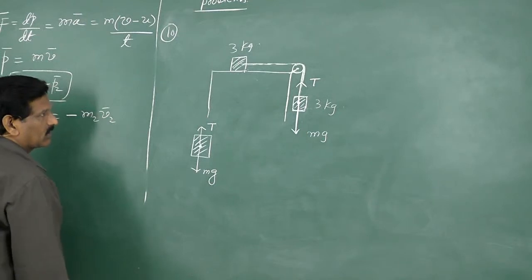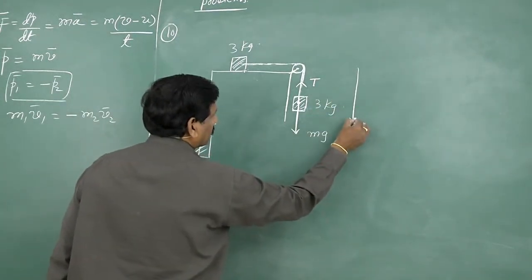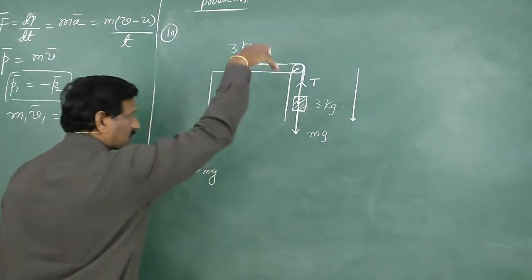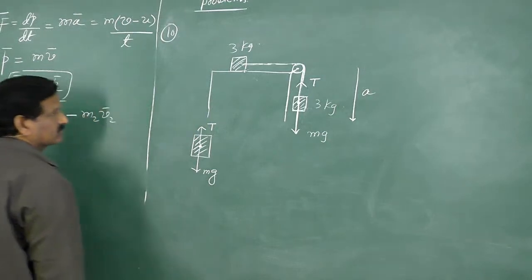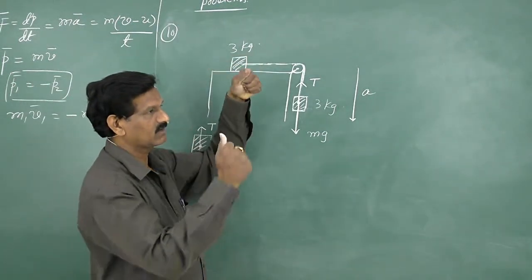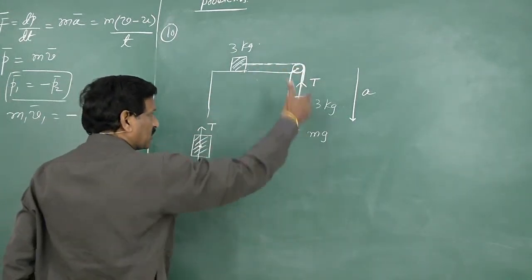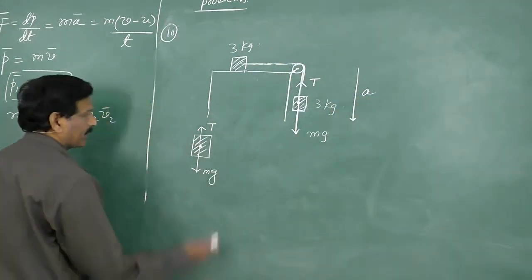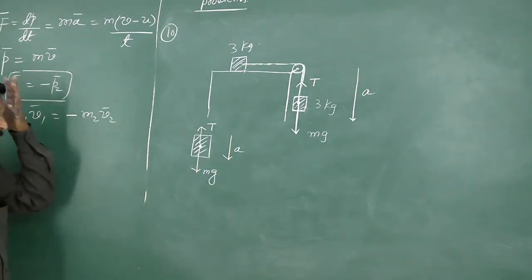And because of this, the mass comes downwards with an acceleration A, with the two bodies moving like this. So this is A.